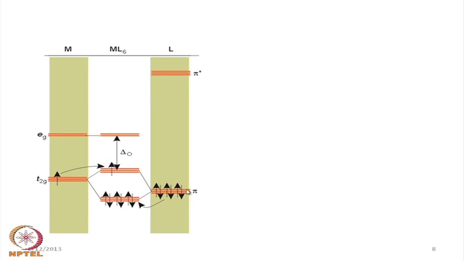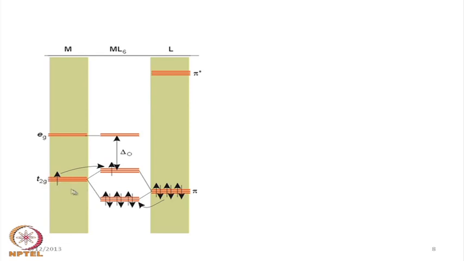So, if we have 3 such orbitals of pi symmetry matching T2g, that means from the reducible representation we can take out the irreducible part of T2g symmetry.